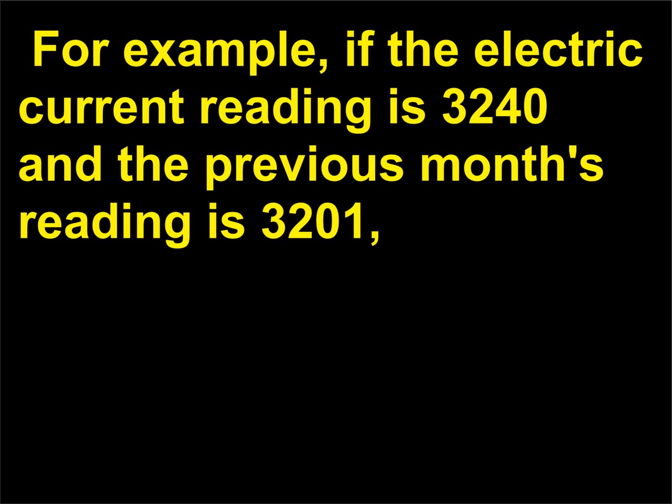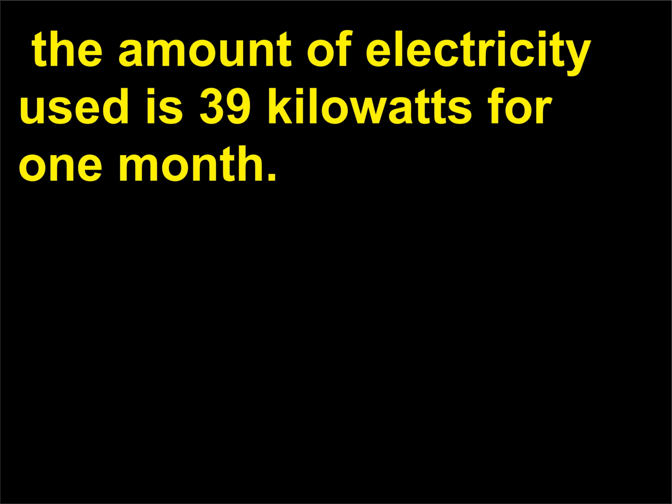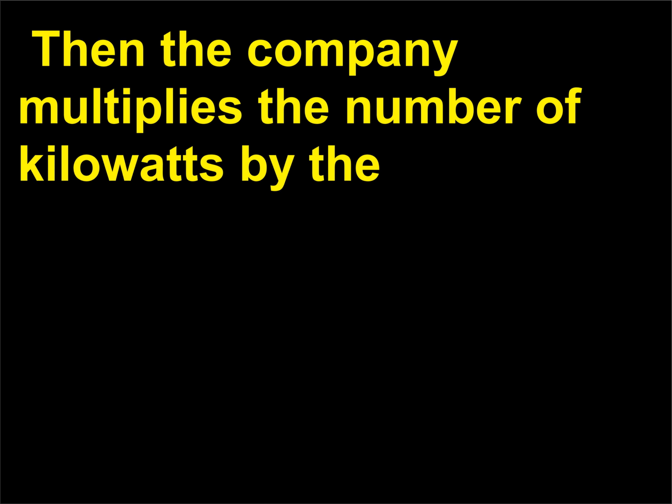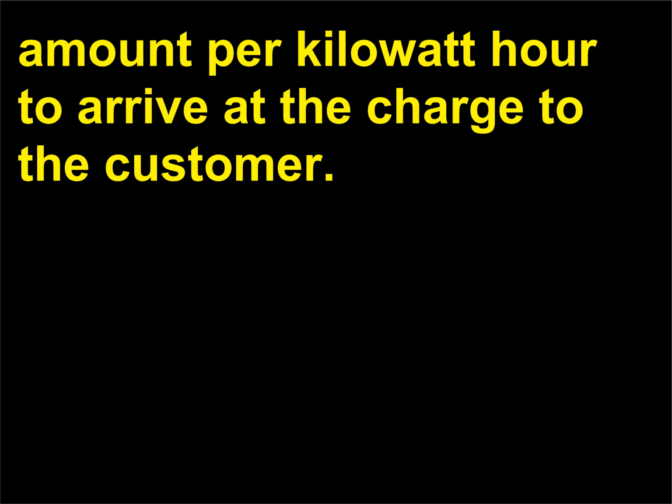For example, if the electric current reading is 3,240 and the previous month's reading is 3,201, the amount of electricity used is 39 kilowatts for 1 month. Then the company multiplies the number of kilowatts by the amount per kilowatt hour to arrive at the charge to the customer.